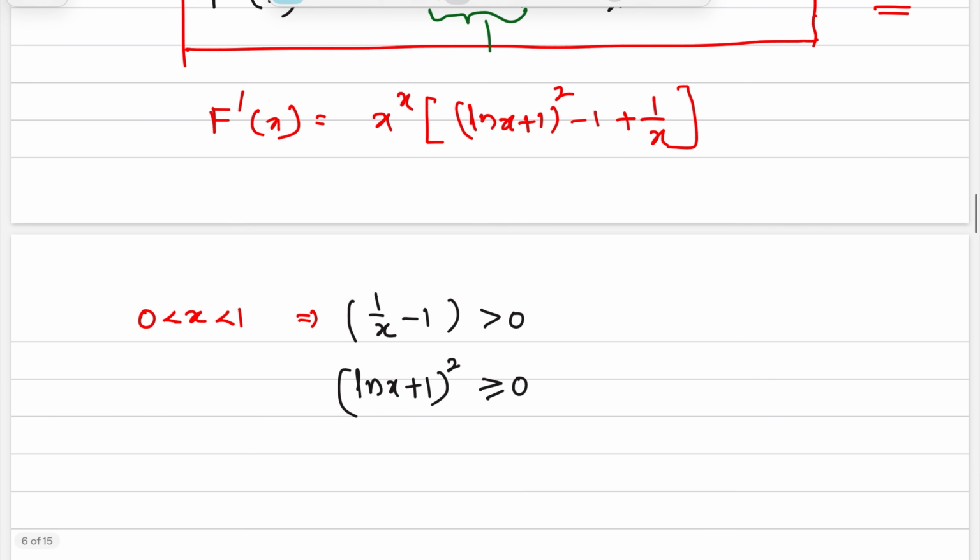That implies 1 by x will be more than 1, minus 1 will be greater than 0, always. ln x plus 1 whole square is always greater than or equal to 0, in between 0 and 1.